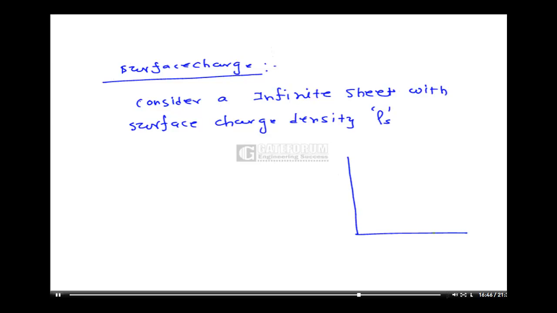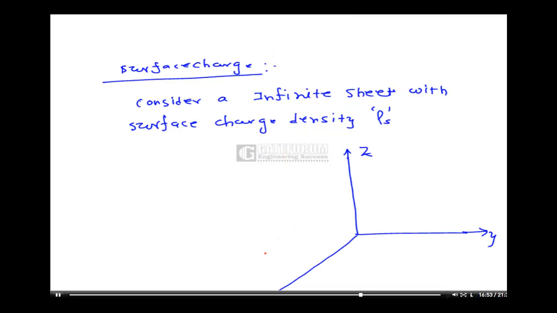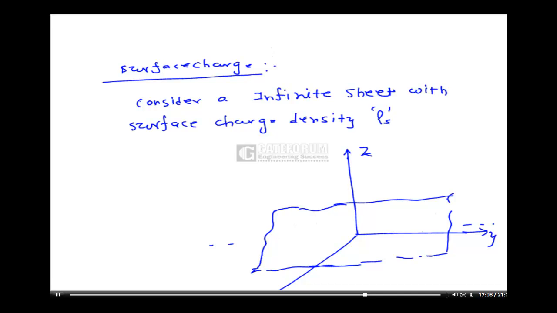So like this, this is x, y, z. I am considering a sheet in the xy plane, like this. This is infinite in length. This is the sheet having rho s charge density.